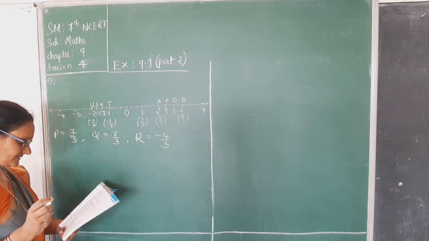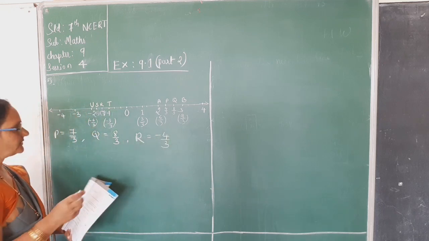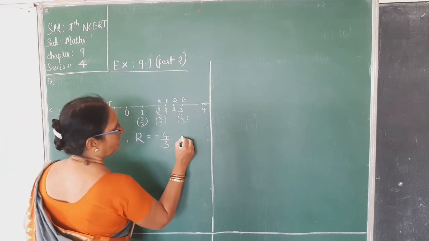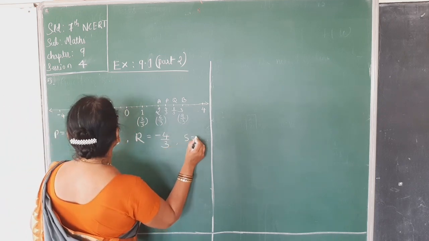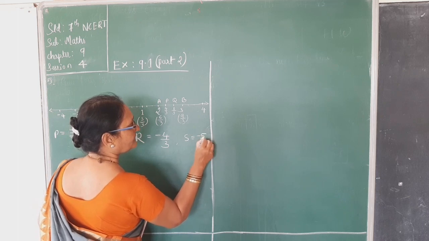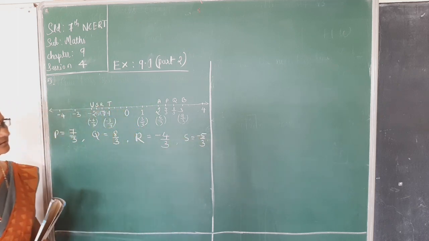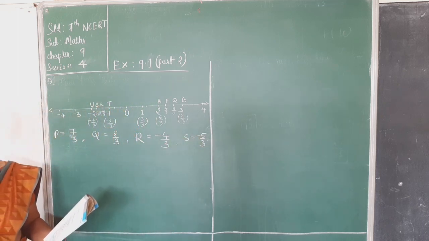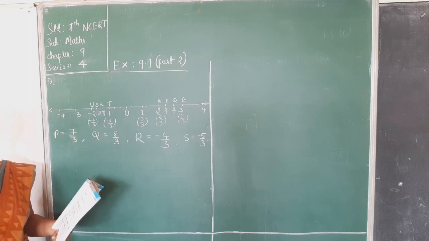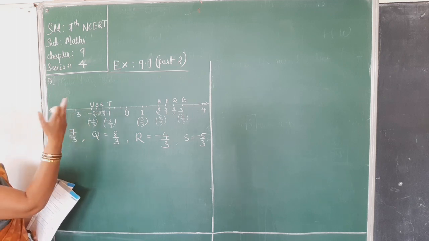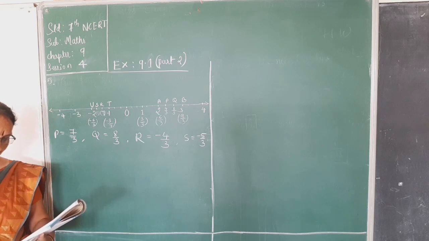Then S is equal to -5 by 3. So this is how to find the rational numbers not given by the given rational numbers. I hope you understood.